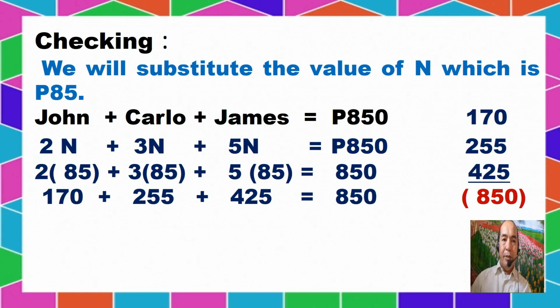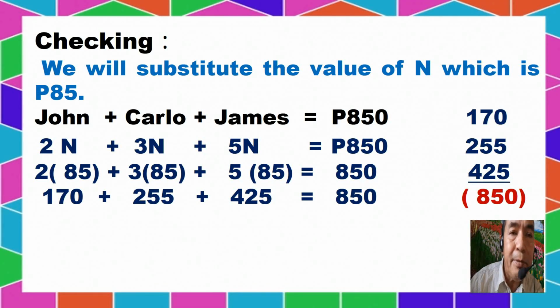To determine whether we were able to come up with the correct value of n, we will have the ratio 2n plus 3n plus 5n will give us 850. So we will now substitute the value of n. 2 times 85, because there will be 2 shares for John and 3 shares for Carlo.